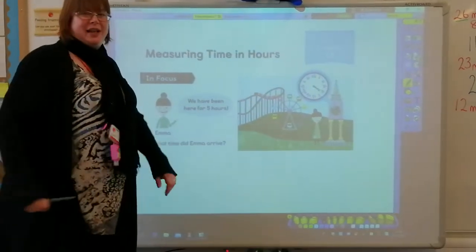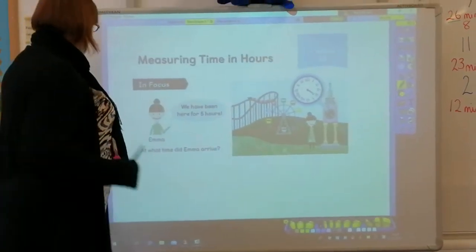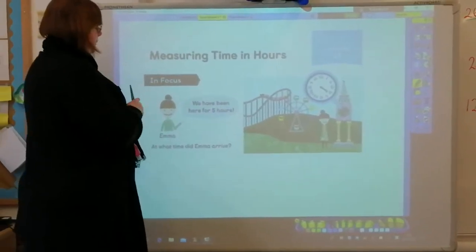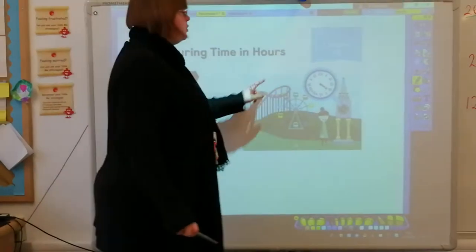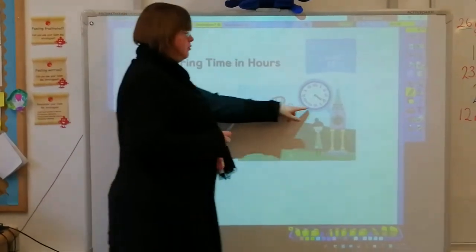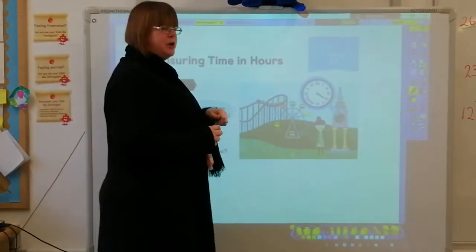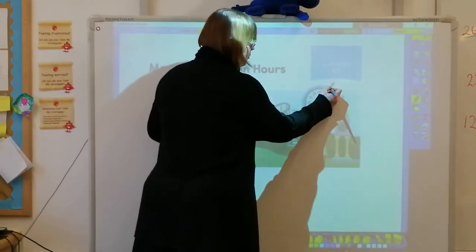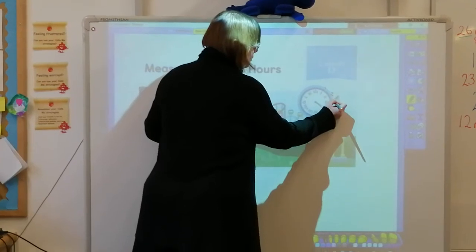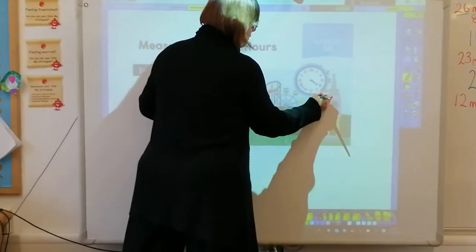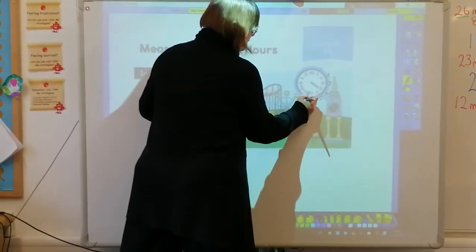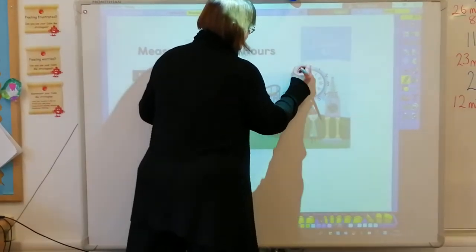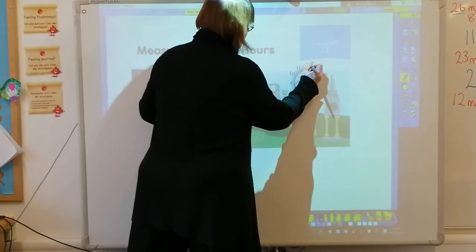Right, our next mini lesson of maths. This is Emma. Emma's gone to an amusement park. Ooh, Roman numerals again, but we've worked on those, so we know that if we count round, it's 1, 2, 3, 4, 5, 6, 7, 8, 9, 10, 11, 12.